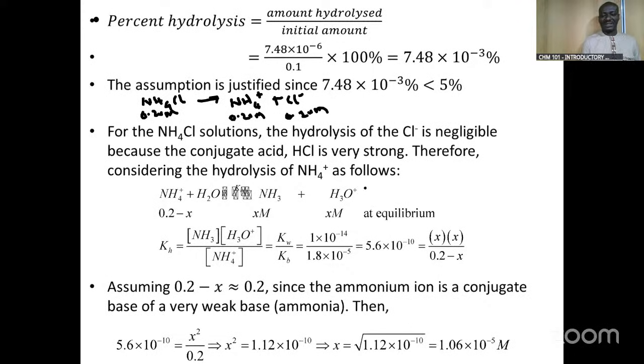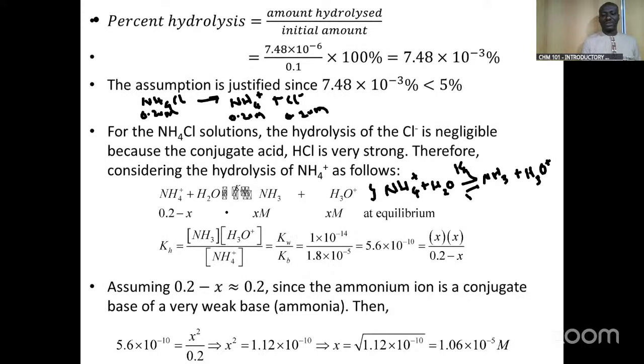Such that the hydrolysis constant, because what we have here, please let me write this. Like I said, the software could not see MathType. I use MathType to type the equations. All right, so this is what we actually have there. So this is Kh on top, and then we have ammonia plus H3O+.